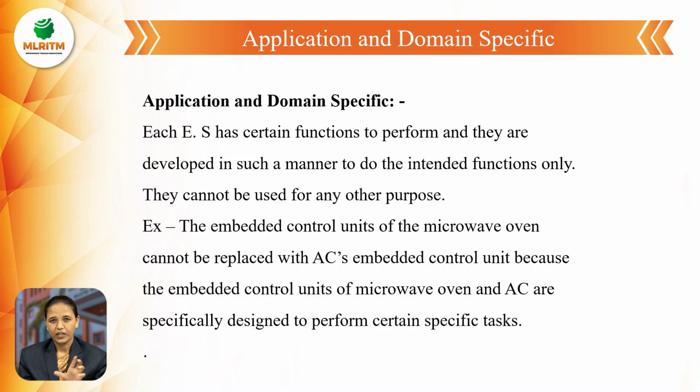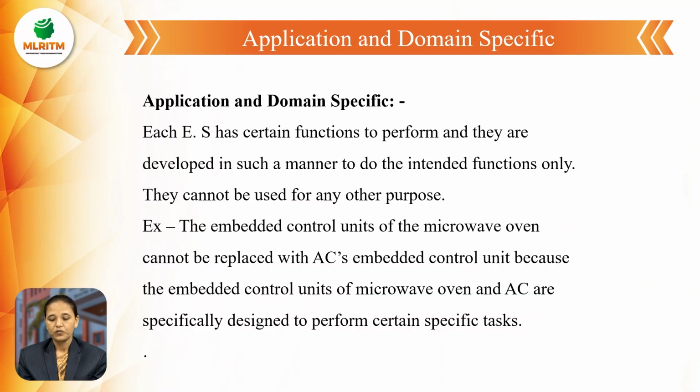A microwave oven does not perform washing machine functionality, and a washing machine does not perform a microwave oven's functionality. Each embedded system has certain functionality to perform. They are developed in such a manner to do their intended functions only.